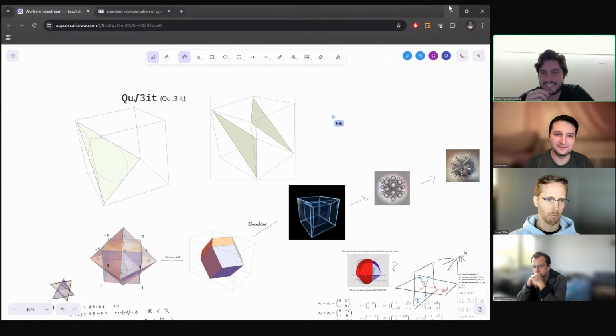Because all the vertices lie on a cube, and you can inscribe a cube in a sphere, right? Yeah. That's right. Sure.